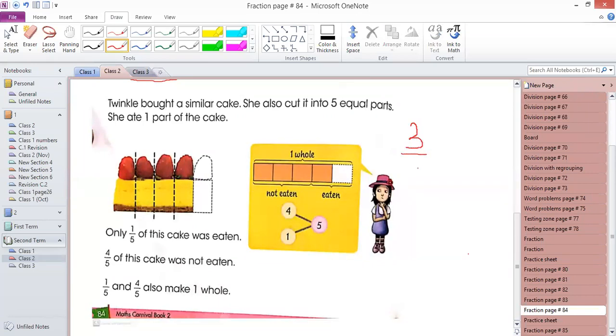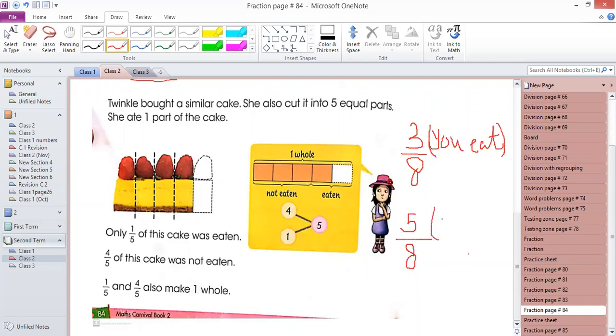So how much pizza did you eat? The pizza you ate is 3/8. And how much pizza did you not eat? Out of 8 pieces, if you ate 3 pieces, that means you did not eat 5 pieces.